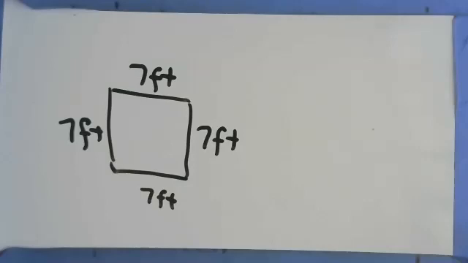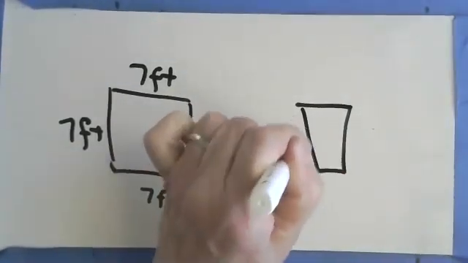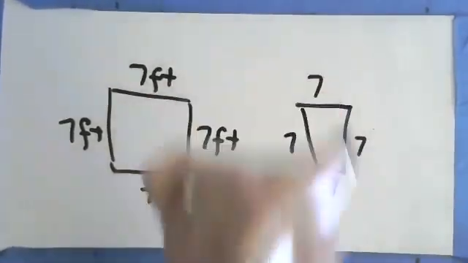Now, the next thing I want to ask you about this problem is, how accurate does your drawing have to be? Do you have to draw it so all the sides look like they're 7 feet, or at least look like they're all the same length? And the answer is no. If you label them, then the label overrides the length. I could draw something like this and say, look, all these sides are 7 feet long.